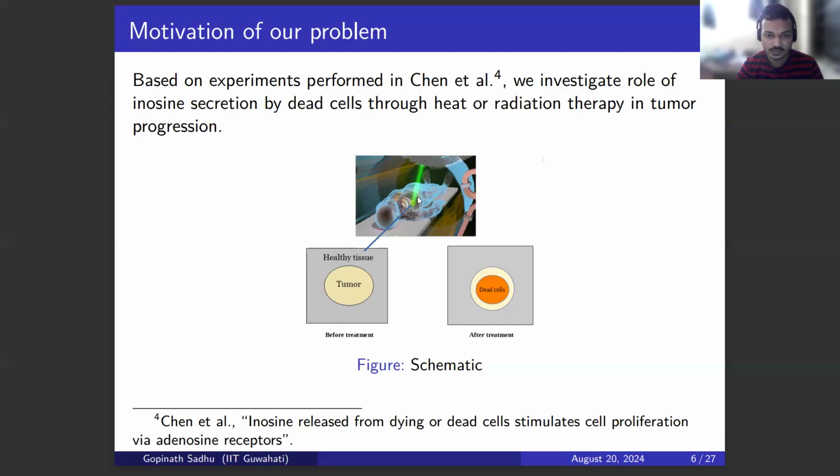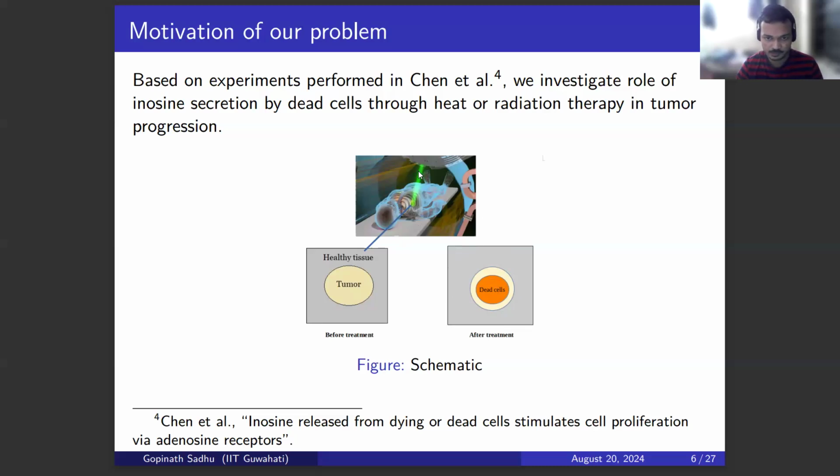But once the patient undergoes radiation and heat therapy, the heat and radiation are directly projected on the tumor surface, so naturally the cells are dying. The cell distribution can be heterogeneous, but for the sake of simplicity, we put it at the center. The dead cells are accumulated at the center. So our study emphasizes only that last aspect.